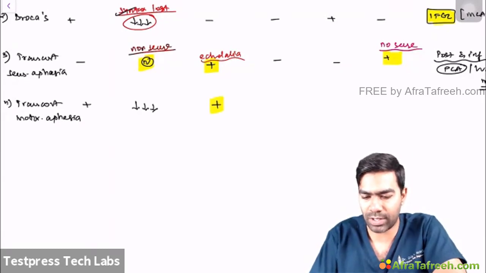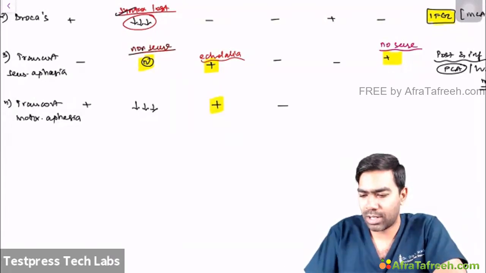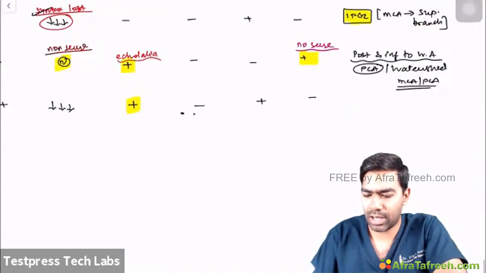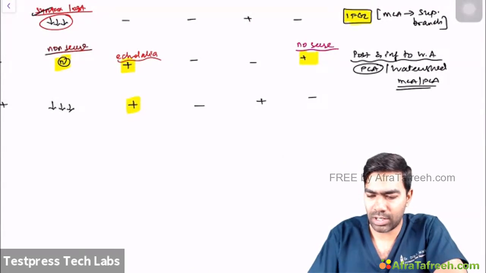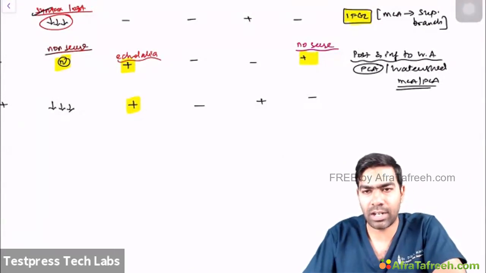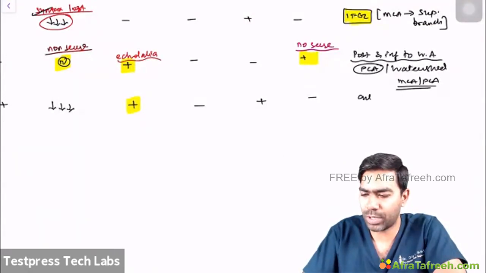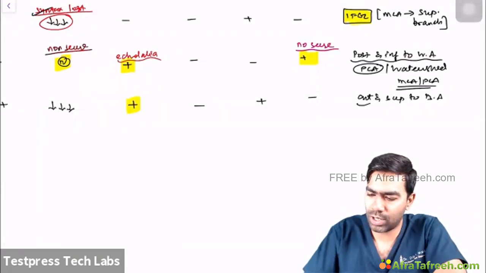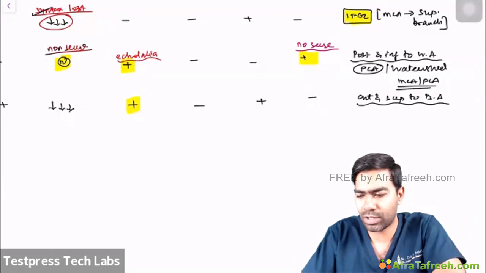The higher center will not affect the repetition, and of course naming will not be there. Reading is possible, but writing is seriously impaired. And what is the territory, which area is it present in? It is anterior and superior to Broca's area. This is the usual area affected in transcortical motor aphasia.